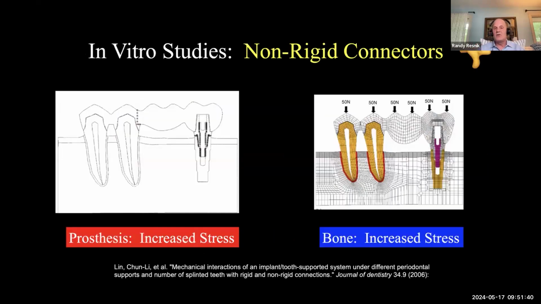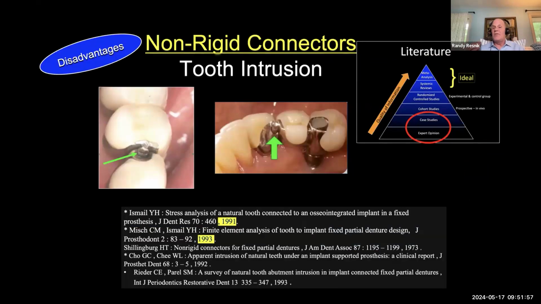No one really knows. We only have in vitro studies on this. Here's an in vitro study that looked at non-rigid connectors, increased stress on the prosthesis, and definitely increased stress on that crestal bone area. We do have a lot of case studies and expert opinions with non-rigid connectors and tooth intrusion.